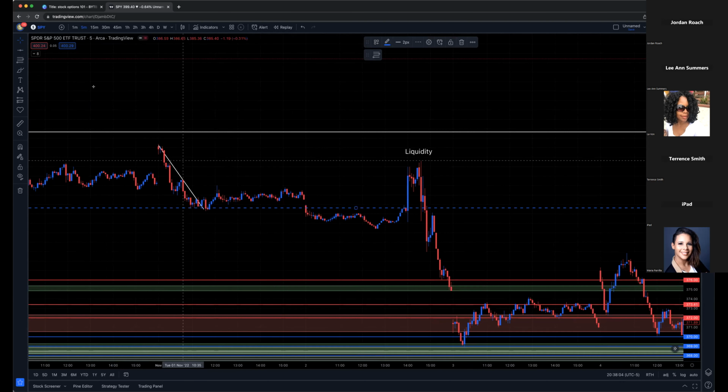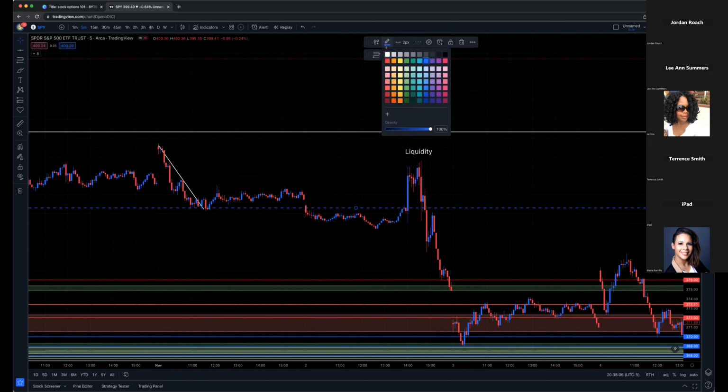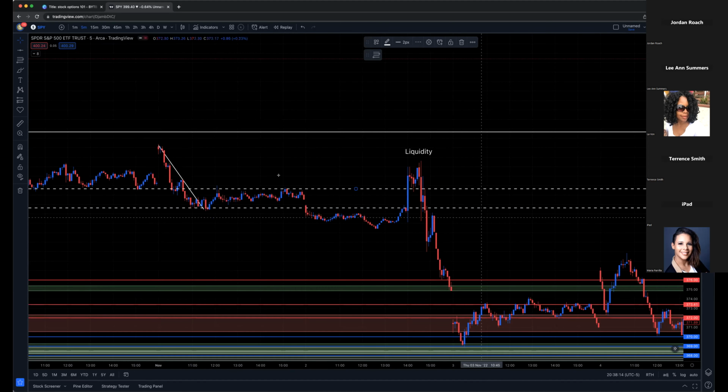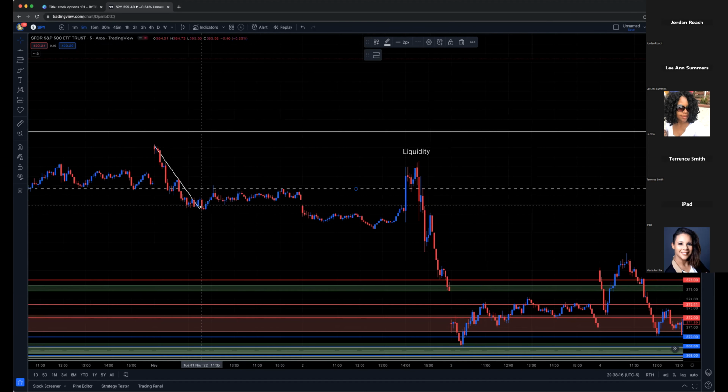I'm just going to mark it here. You have the bottom of this range, and you can see it's forming a little box area. This is consolidation, this is sideways movement. We don't really want to touch trades like this unless we're going in for a quick scalp, because as you can see to the right, it's basically ranging about 2 points, going up and down, up and down.